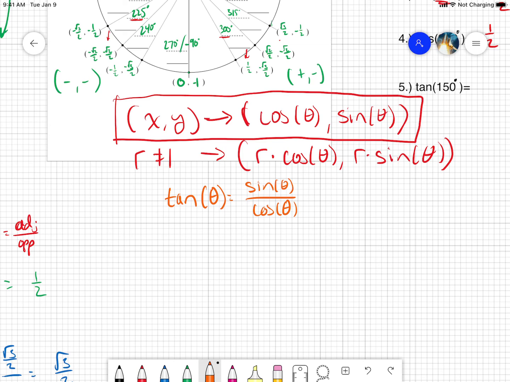Or another way of thinking about it, y-coordinate over x-coordinate.